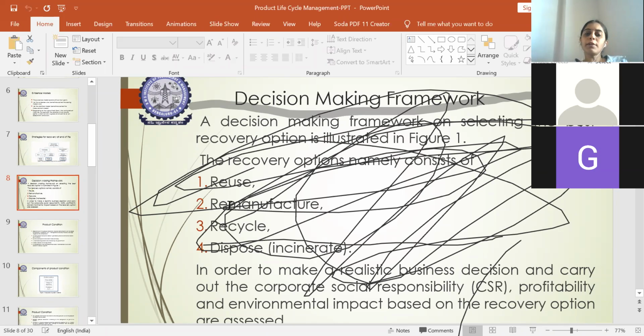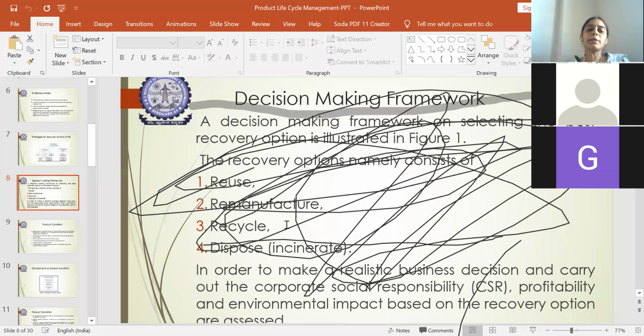But if there is a good trend of profitability even at the last stage, and it has a good eco-friendly concept of the materials in it, then it will be directly feasible for remanufacturing of the same design of the product. And the third one is recycle. The profitability has come down and it is very eco-friendly material.